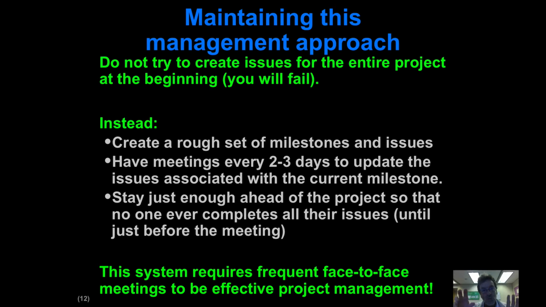So the way that this works well is to start off, define your milestones, and then maybe some very high-level issues or goals associated with each of the milestones, and then start meeting every 2 to 3 days. At those meetings, build the set of issues or tasks that people should be working on over the next 4 to 7 days, assign the ownership, and then go do that work, and then meet again in 2 to 3 days to see how that's going.